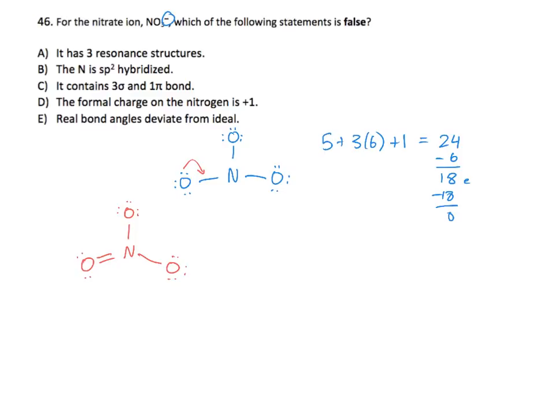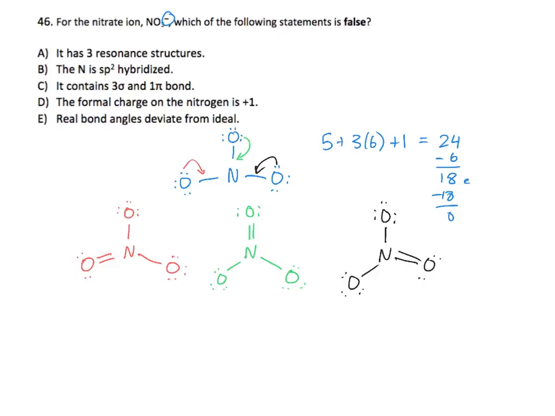If instead we used the top oxygen to make the multiple bond, we would get a structure that looks like this. Finally, we can use the right-hand oxygen, and we get a structure that looks like so. So we have 3 different structures.